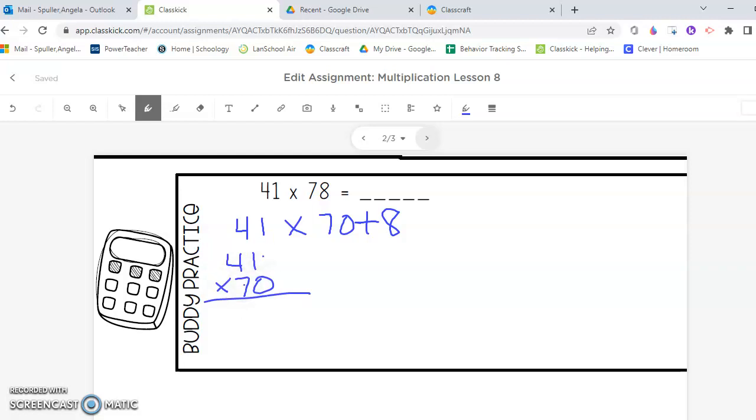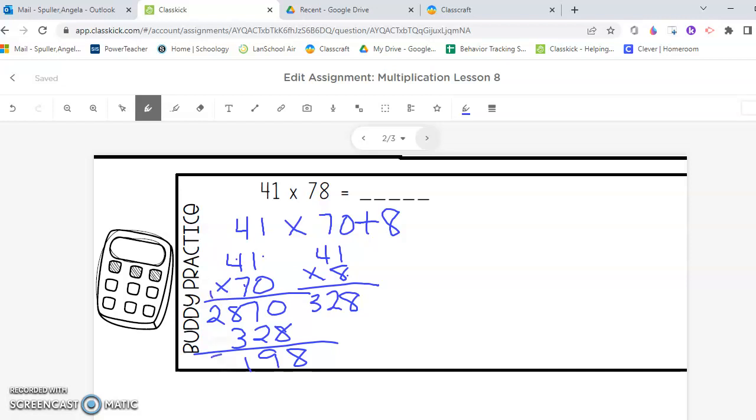Well, 7 times 1 is 7. 7 times 4 is 28. Add my 0. Then I'm going to say 41 times 8. 8 times 1 is 8. 8 times 4 is 32. And I'm going to add these up. It's going to give me 11. Carry the 1. That's going to be 3,198.